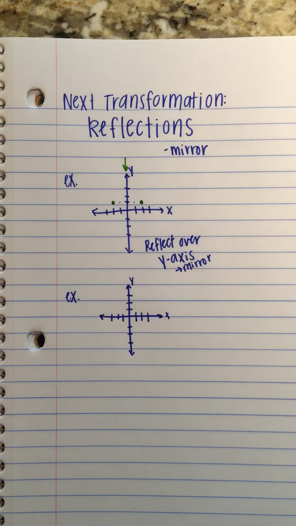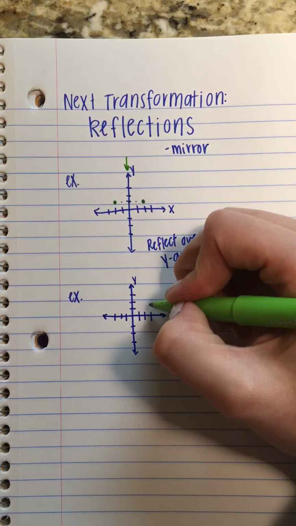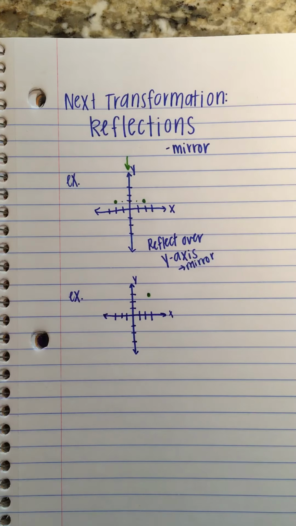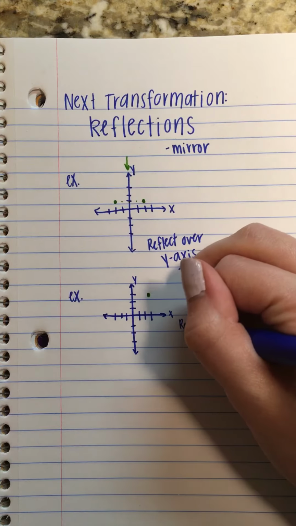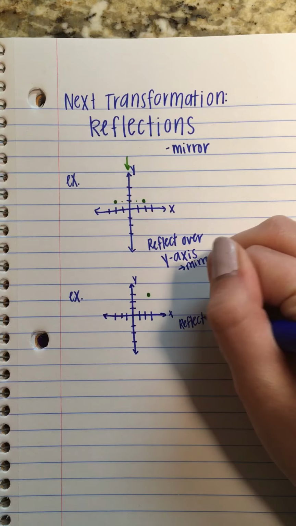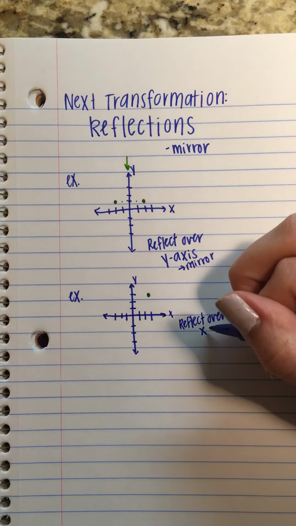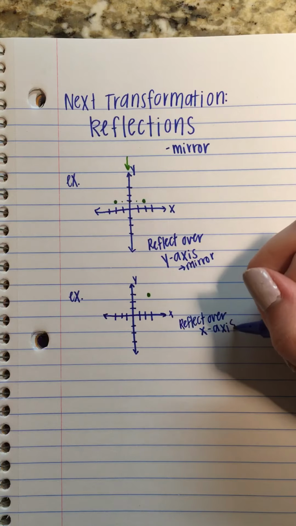So maybe this time I have a point. How about 3, 3? So I have this point, and this time I am going to reflect over the x-axis.